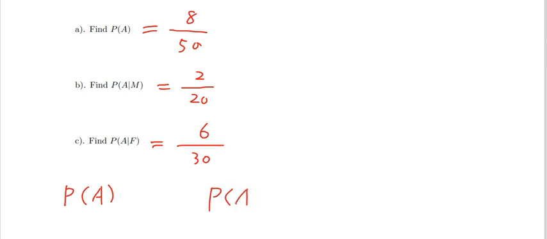This is the probability for getting A for male students, and this is the probability for female students. So this is the percentage of getting grade A for all students, for male students and for female students.